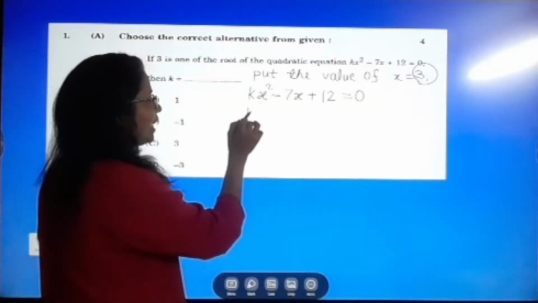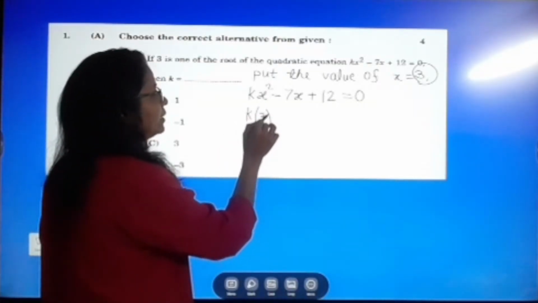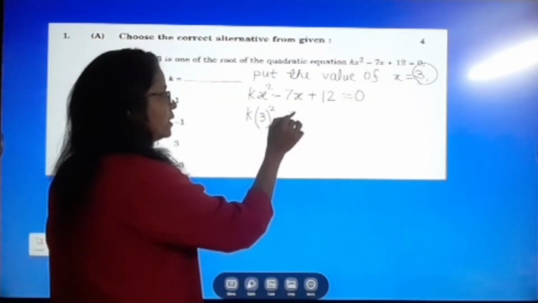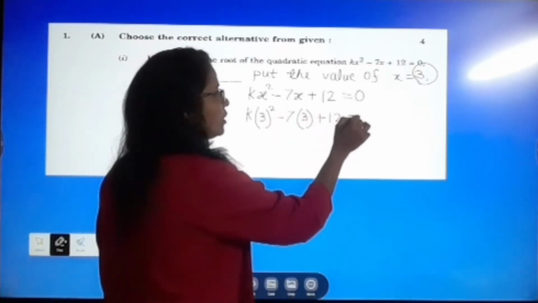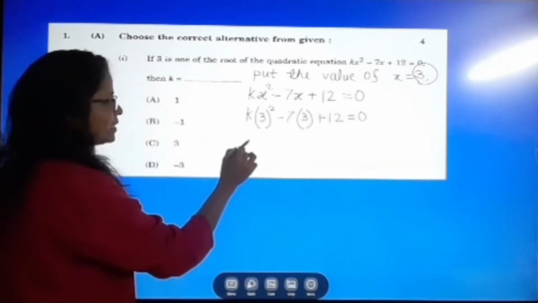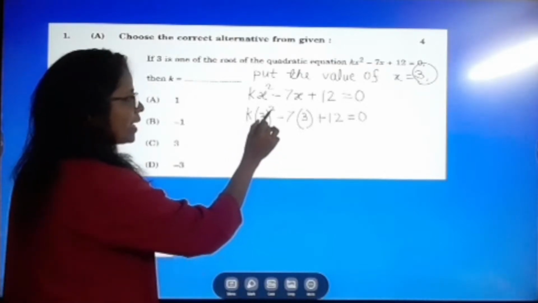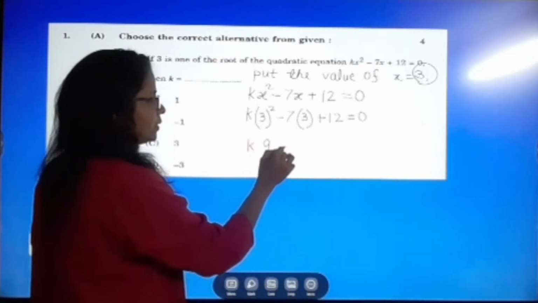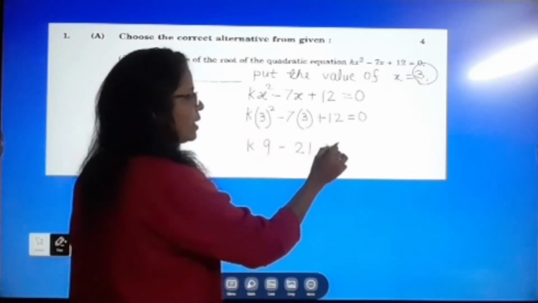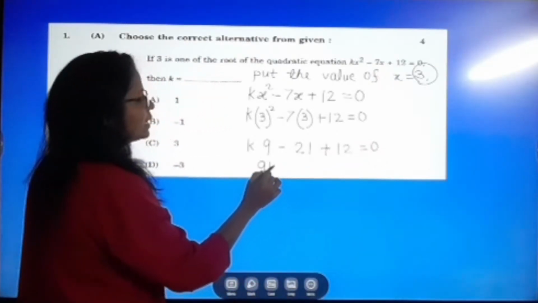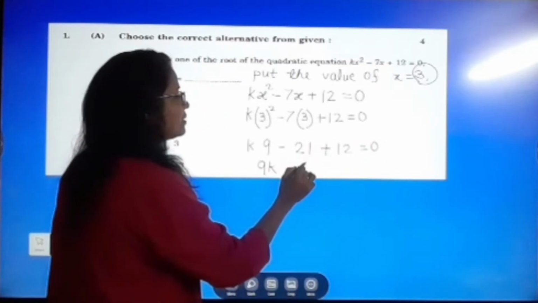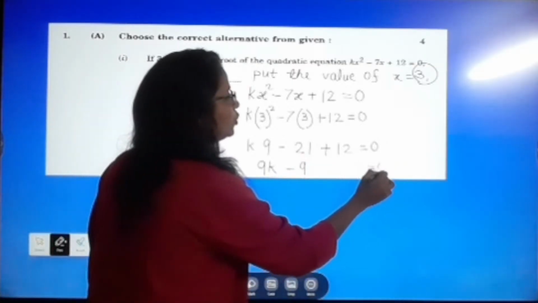So here k multiplied by square of 3 minus 7 multiplied by 3 plus 12 is equal to 0. So now here students, k multiplied by the square of 3, that is 9, minus 21 plus 12 is equal to 0. So 9k minus 9 is equal to 0.